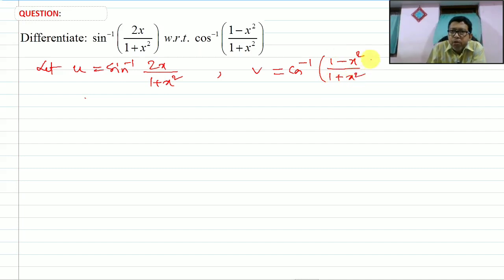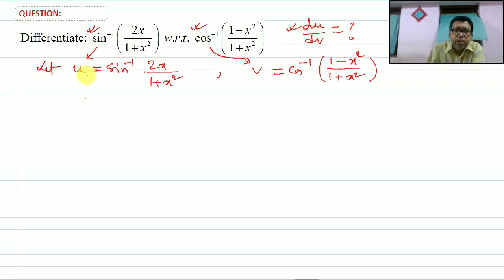Now, what is your target? You have to find the differentiation of the first function with respect to the second function. Since the first function is u and the second is v, your target is to find du/dv.